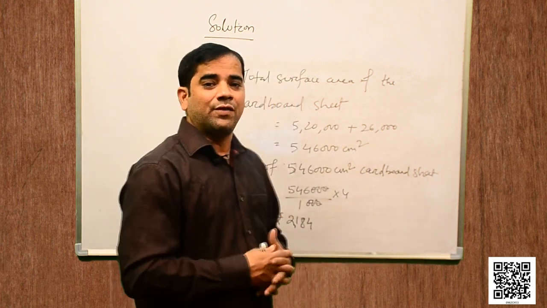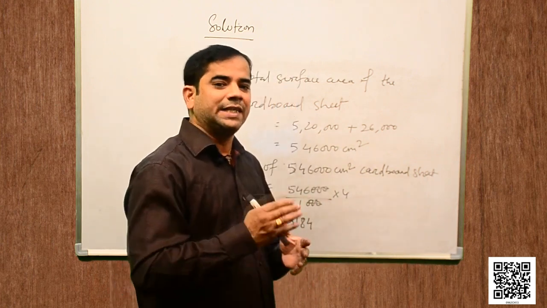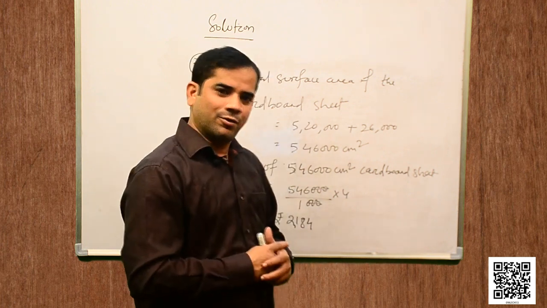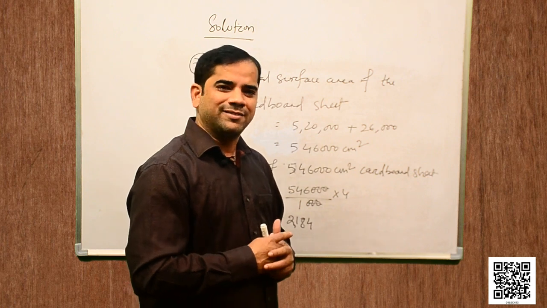So the cost of making 250 boxes of each type is 2,184 rupees. Okay. Hope you understand this.